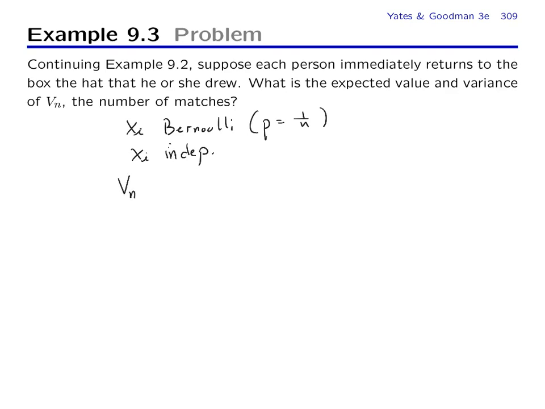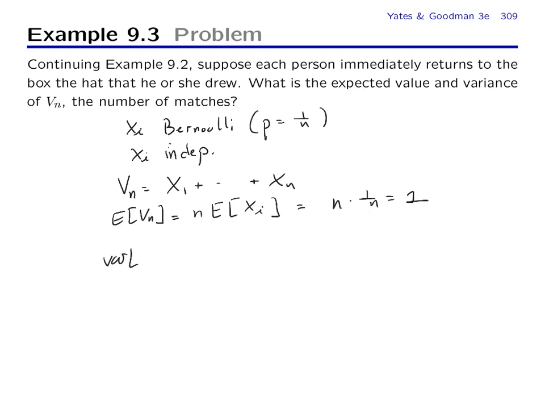And the total number of matches, which of course is still the sum of the xi's, has very easy expected value and variance to calculate. Particularly, the expected value is n times the expected value of each xi by symmetry, and that's equal to n times 1 over n. The expected number of matches is still 1, but the variance is equal to the sum of the variances.